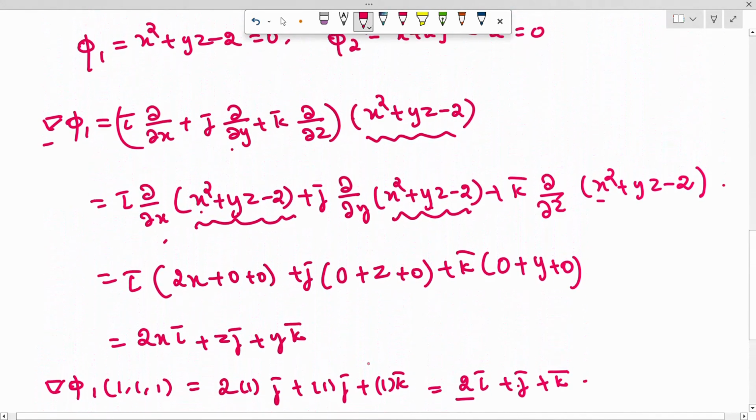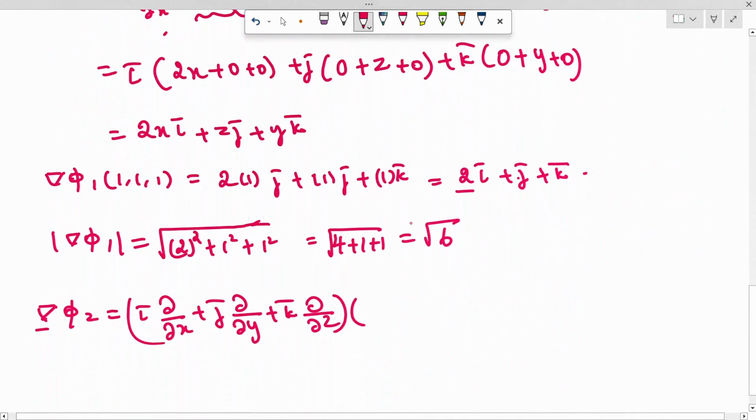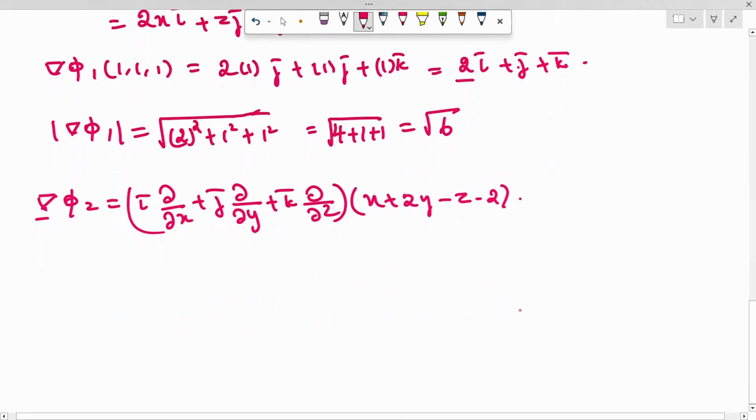Given phi 2 is x plus 2y minus z minus 2. This phi 2 is common for all three terms. Now multiply with each term.